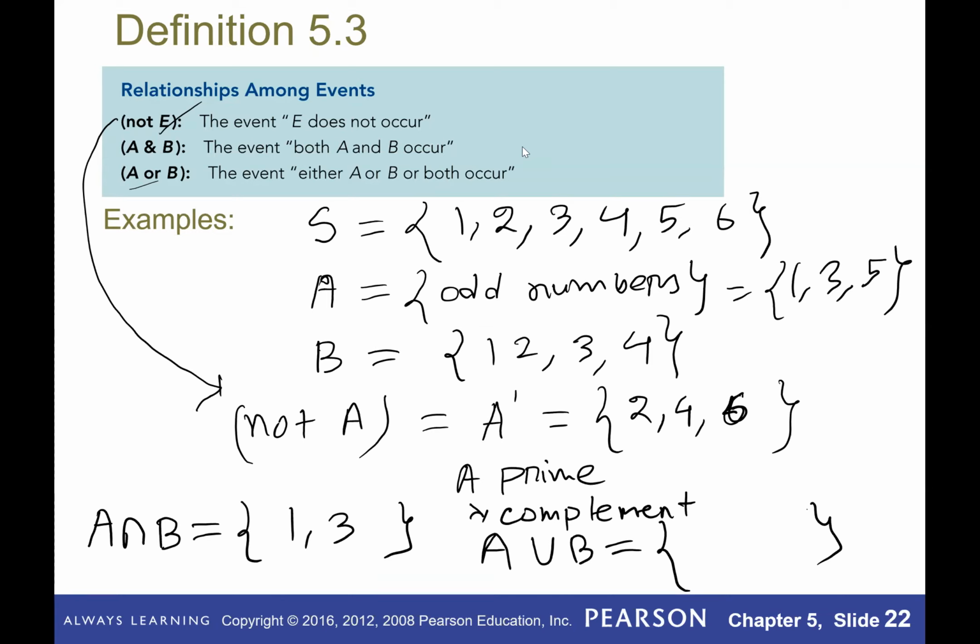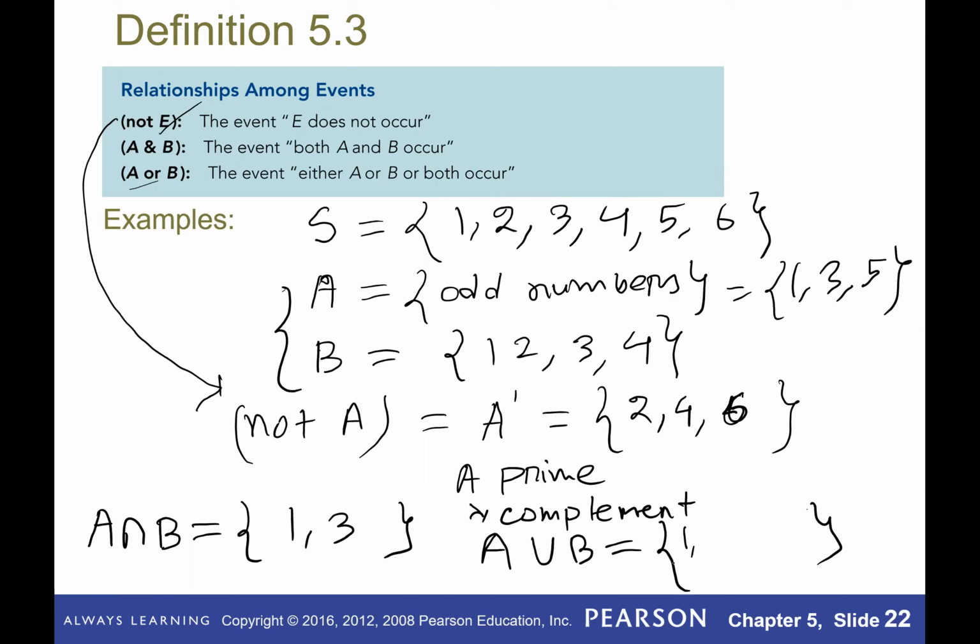Okay, so some of you, I found some correct answers, and 2, 4, 5. So why do you think it is 2, 4, 5? Any explanation why it is 2, 4, 5? A union B means the numbers which are in A or in B or in both.